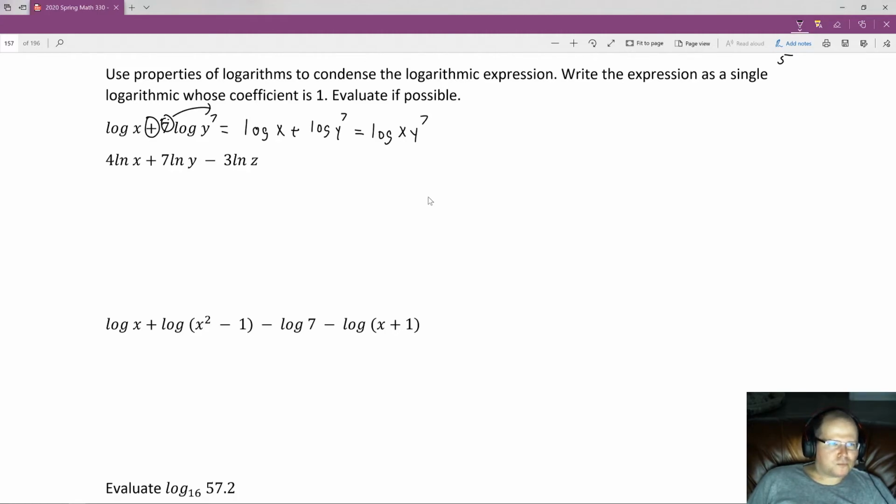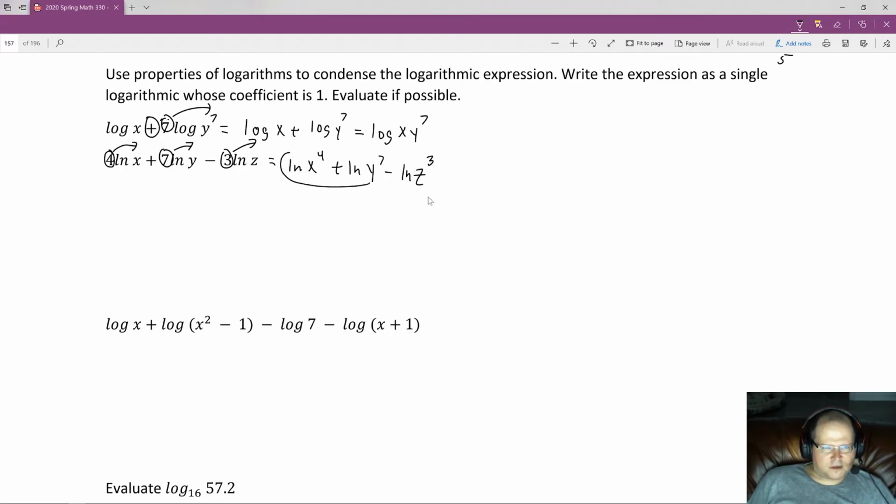Okay. I'm going to do the exponents first. So everywhere that you see a coefficient, you're going to turn it into an exponent. So we have 3 in this case that we're going to do that to. So we're going to say natural log of x to the 4th power plus natural log of y to the 7th power minus natural log of z to the 3rd power.